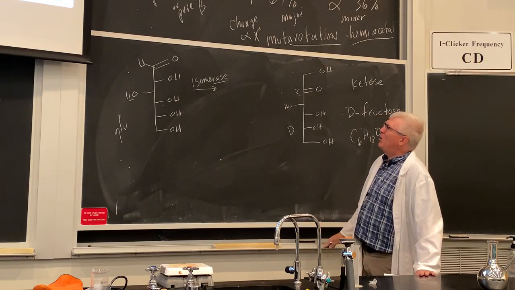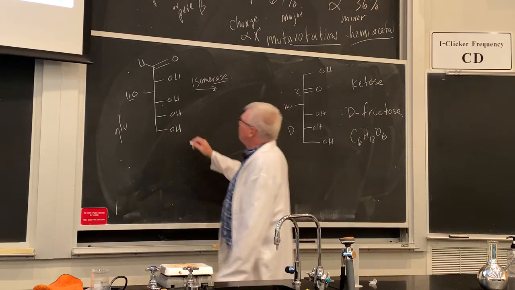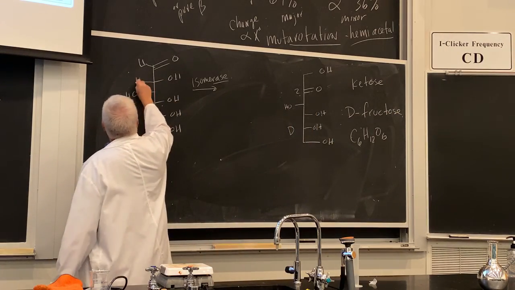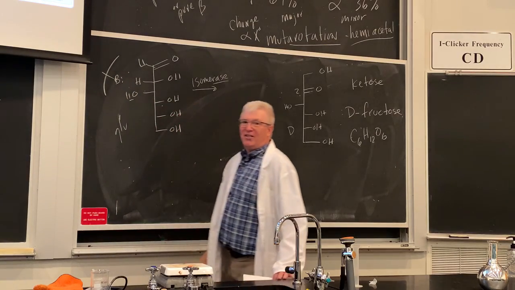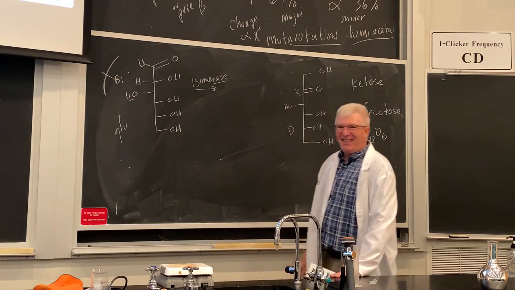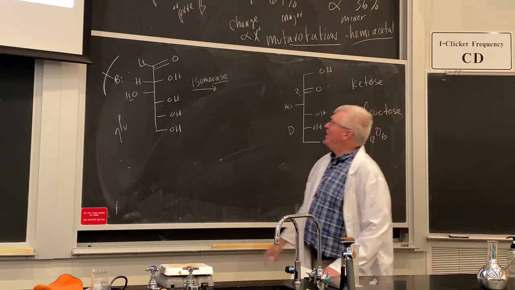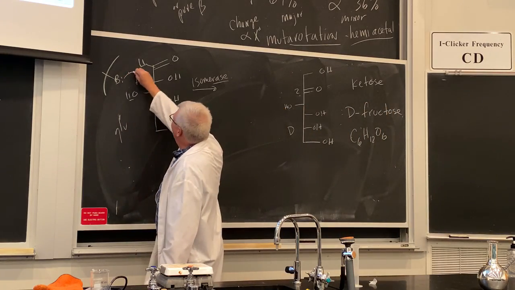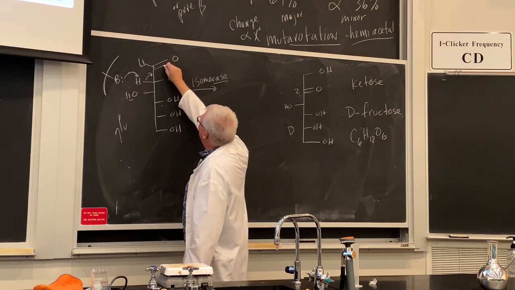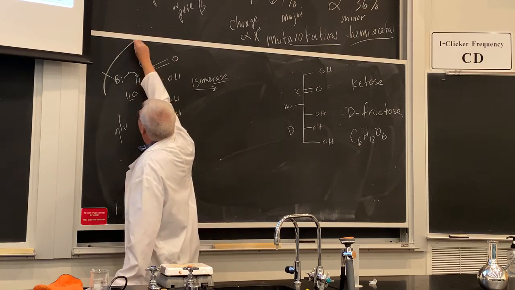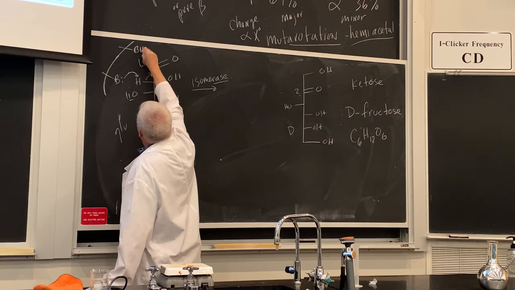How does this isomerase work? Well, we can imagine in this enzyme, there's a specific base. It turns out it's a histidine, imidazole, and it will take off this proton and what? Dump those electrons in there, and then this can grab on a protonated form here.